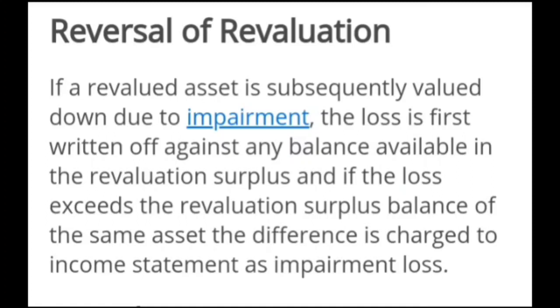But if the decline now exceeds the total revaluation surplus which was recorded before, the difference shall be called an impairment loss. So what will happen then? The reversal of revaluation shall take place, and if it exceeds the amount of the revaluation which was done before, it shall be accounted for as an impairment loss in the income statement.